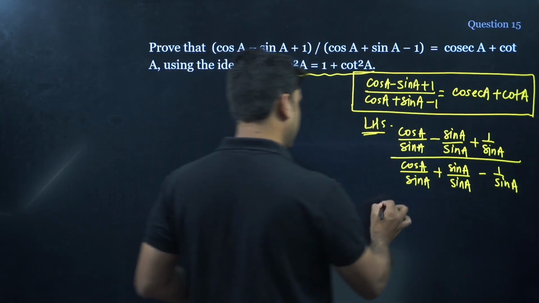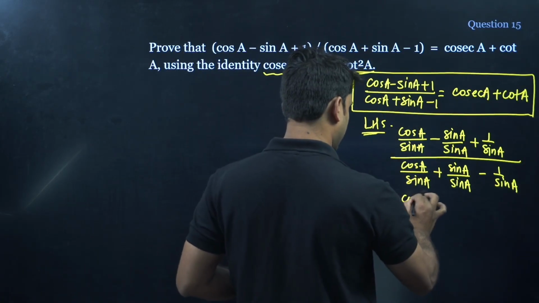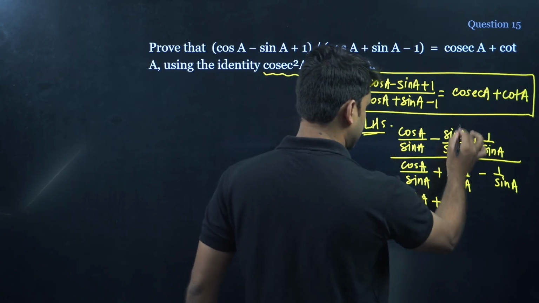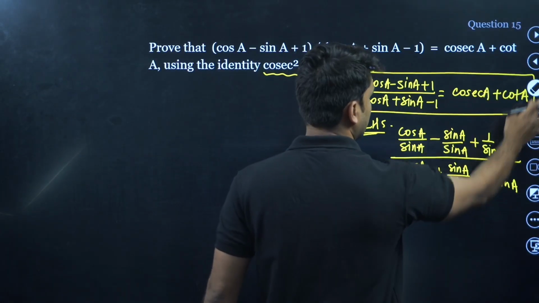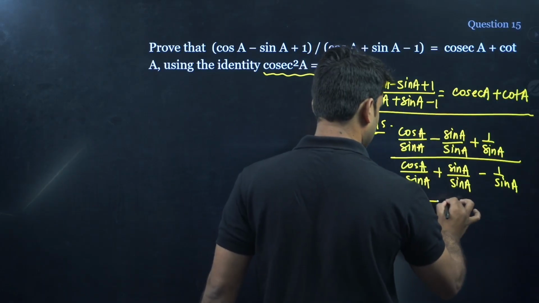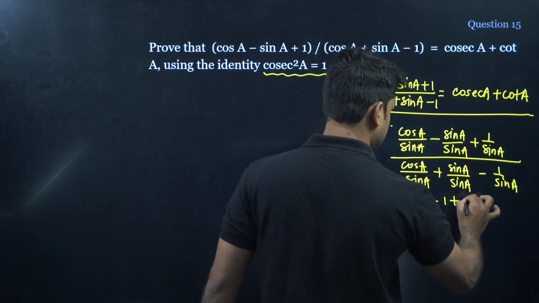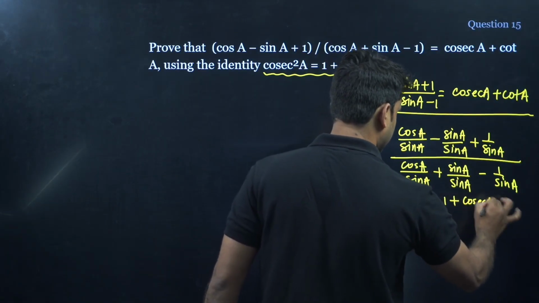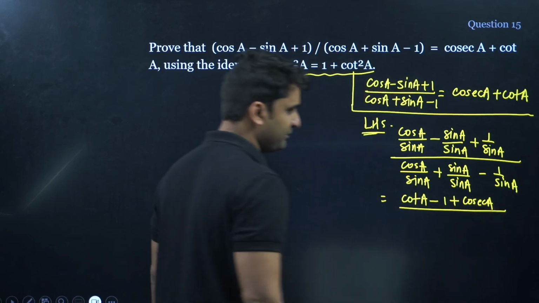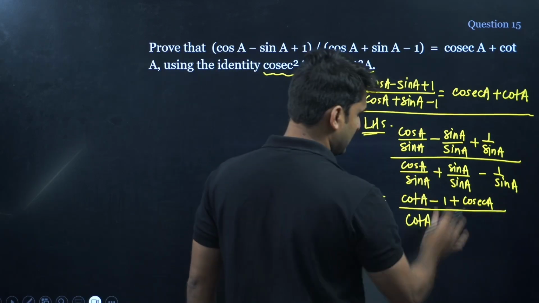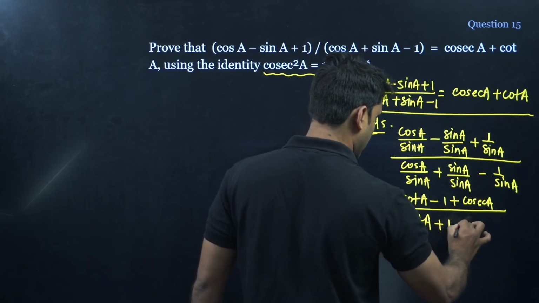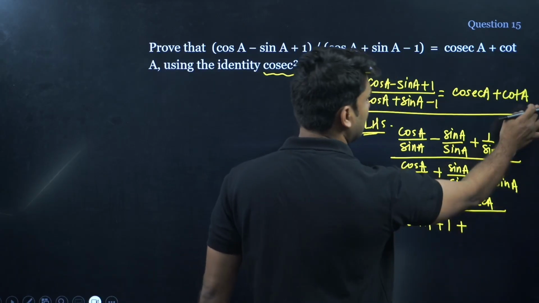And what is the beauty? Cos by sin is cot. Wow. Sin by sin will be 1. Sin is getting divided by sin, so it will be 1. And 1 by sin A will be cosec A divided by cos by sin is cot A. Sin by sin is equal to 1 plus this is minus, guys.